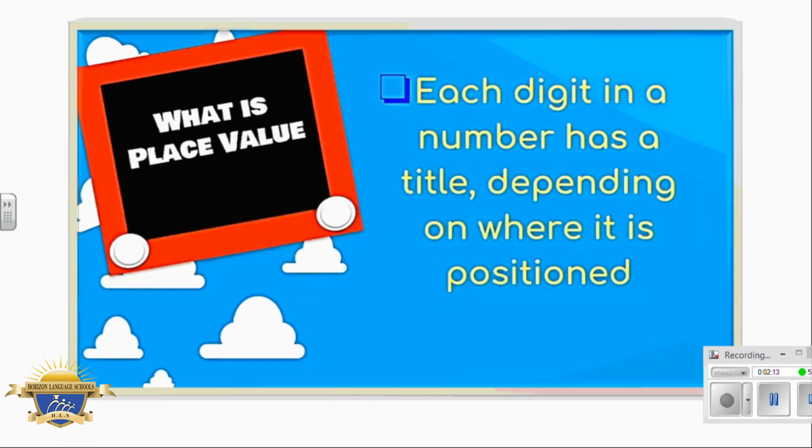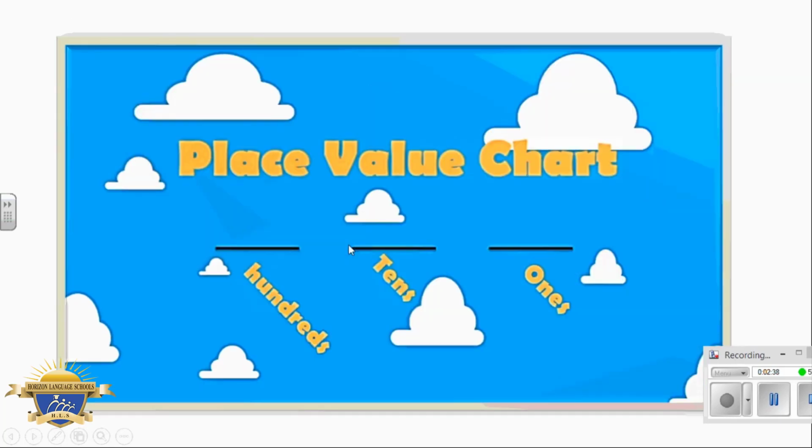Okay, now what is the place value? What do I mean when I'm saying place value? Okay, each digit in a number has a title, depending on where it's positioned. For example, here we have the place value chart.